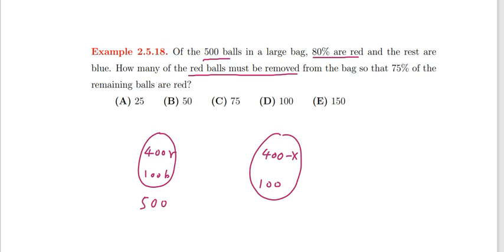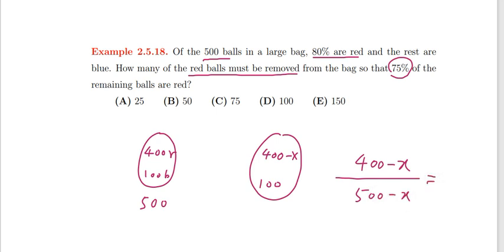So now we want the red ball ratio to become 75%. So we just find red over total, which is 400 minus x over 500 minus x.